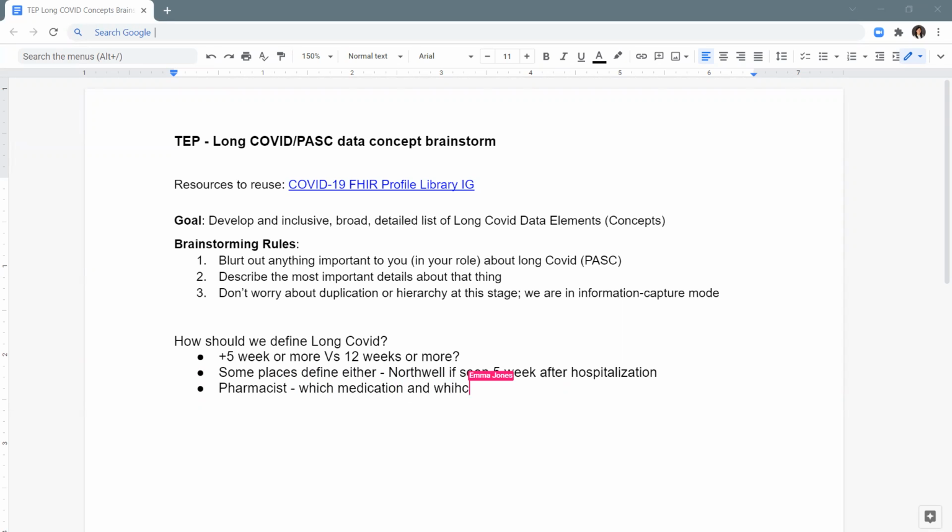We know we're taking care of chronic patients, and now we're adding long COVID to chronic care management. What medications are related to the care of that patient who has COVID? Thanks, Shelley. Ian?